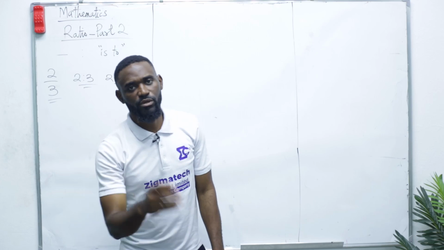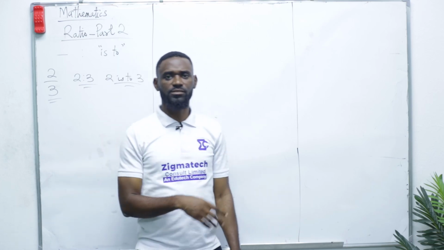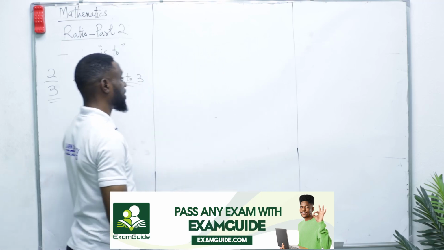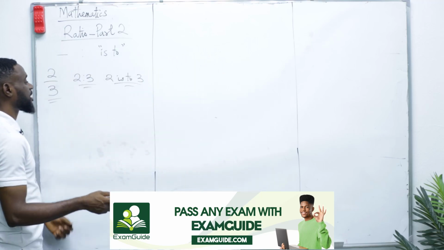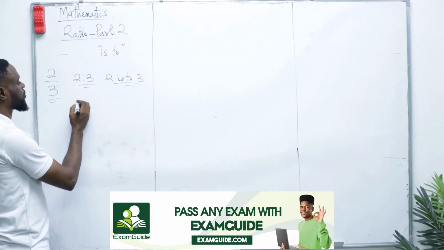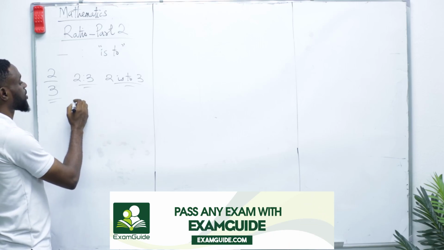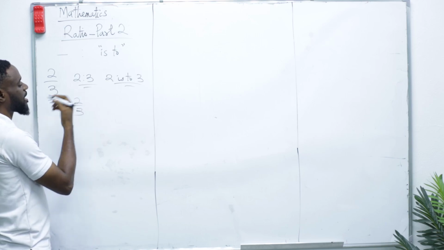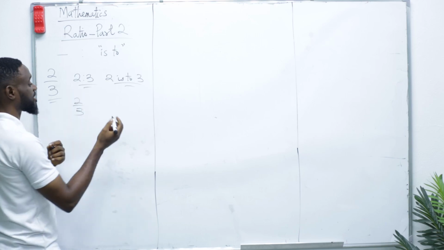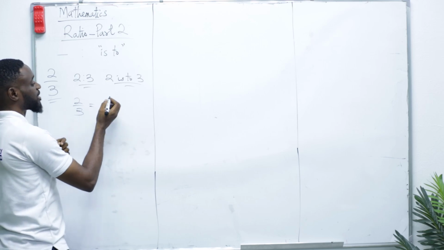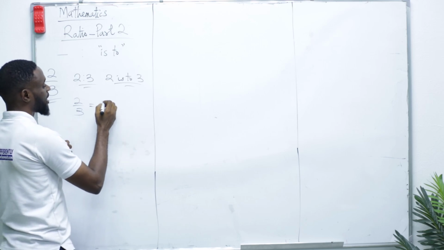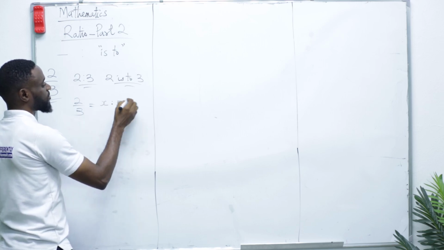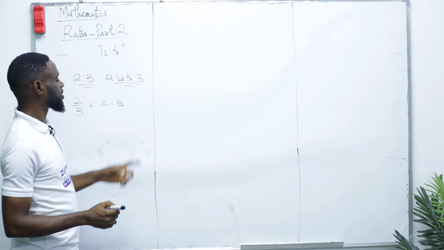So we looked at a whole lot of things the last time. We looked at something like, if we have 2/3 and we are having another ratio, let's say x is to 5, they're asking us the value of this.